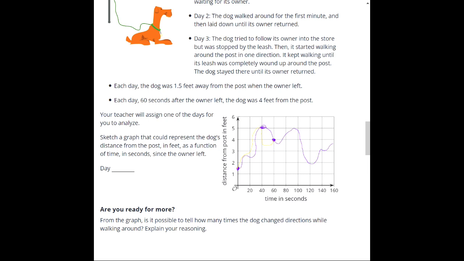So now here is where we're at that minute, and then we're going to lay down, so there's no change. I'm just doing that nice and thick so you can see that there's no change in distance after that minute. Let's look at the next one.